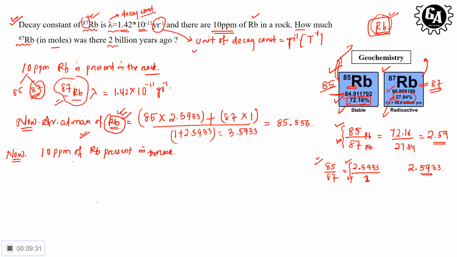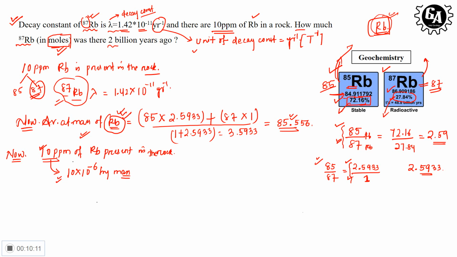Now if 10 ppm is present in the rock, and this is the average atomic mass of rubidium, then how many moles of rubidium are present in the rock? 10 ppm means 10 into 10 to the power minus 6. This is by mass, and the question is asking in moles.